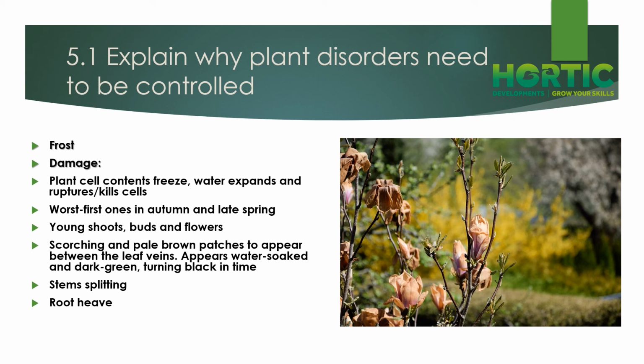And then this frost catches them out. It catches them out because they're still growing, and so it does a lot of damage. And the same if we come into late spring. We've got all those new leaves that are out, all those new shoots, and sometimes buds and flowers that are starting to form. So often those late spring frosts will impact things like our magnolias and camellias, and it'll damage the buds as they start to form.